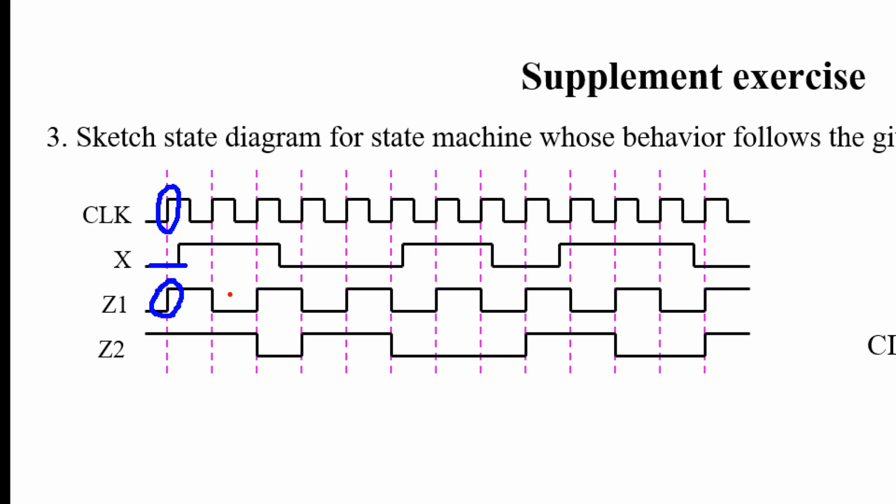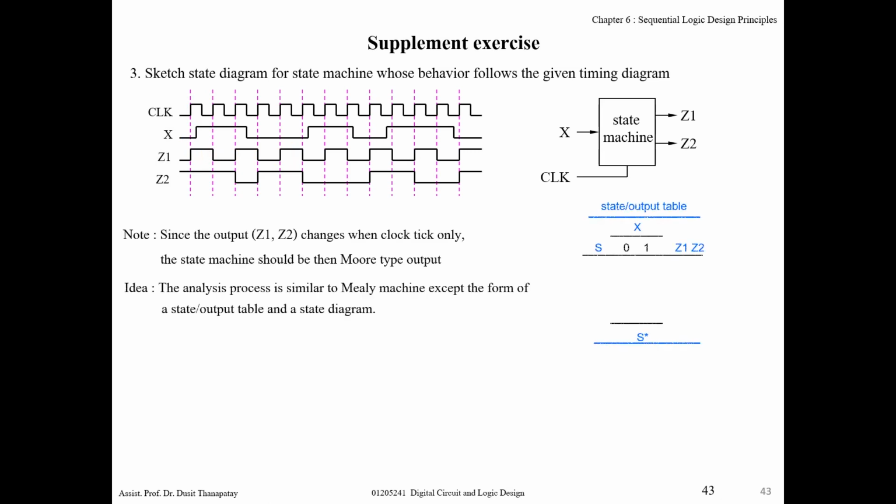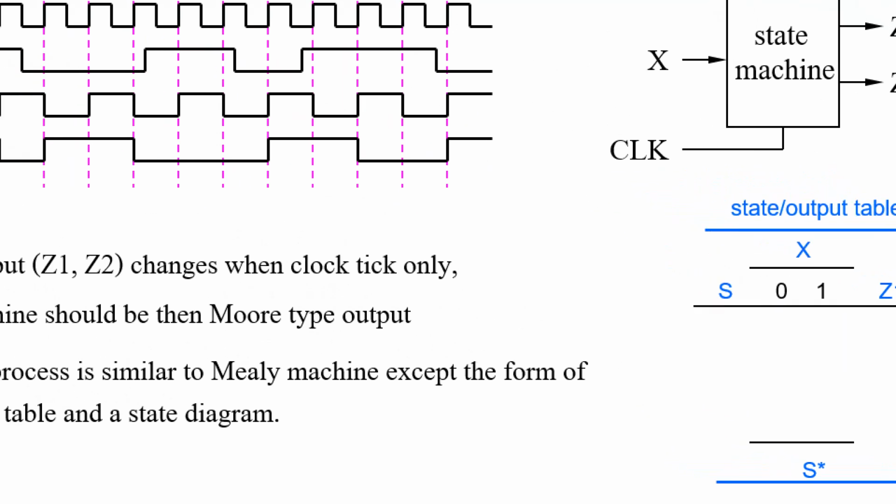We consider output changing only at the positive edge of the clock, so it should be a Moore machine, right? That means you can prepare the table in Moore machine style. That means you can separate the output column from the input column, because output does not depend on input.